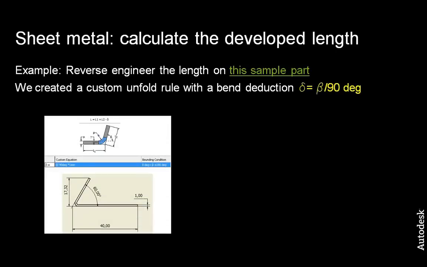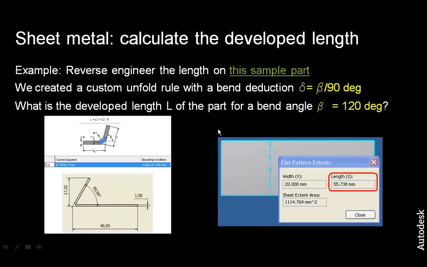And here is a picture of that sample part. It's very simple. There's just two flanges actually, and we introduce a custom bend equation that you see here. I'll show it much better in the demo that follows. The bend deduction is proportional to the bending angle, and we simply divide by 90 degrees.